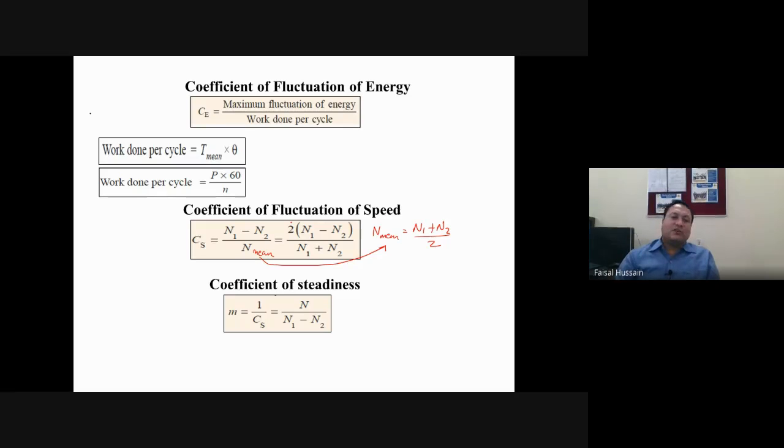And what is coefficient of steadiness? It is the reciprocal of the coefficient of fluctuation of speed. The reciprocal of CS is the coefficient of steadiness, which is denoted by m. Here, coefficient of fluctuation of energy is the maximum fluctuation of energy to the work done per cycle. This is the expression.